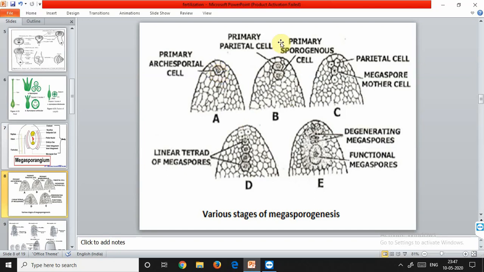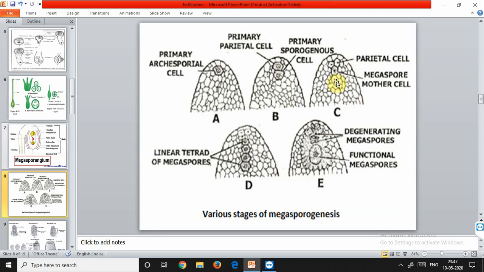This is the periclinal division, and this is the anticlinal division. So some of these divisions take place, so that this cell gets embedded, meaning it goes inside the nucellar mass. Consequently, the sporogenous cell becomes subhypodermal.